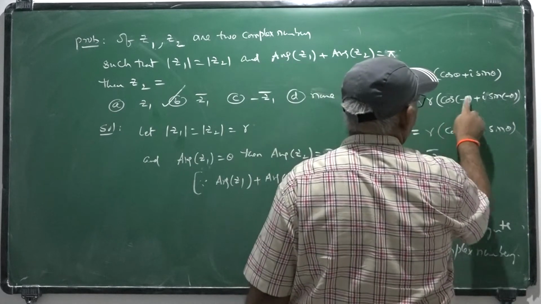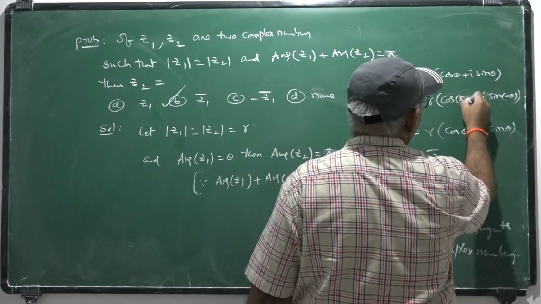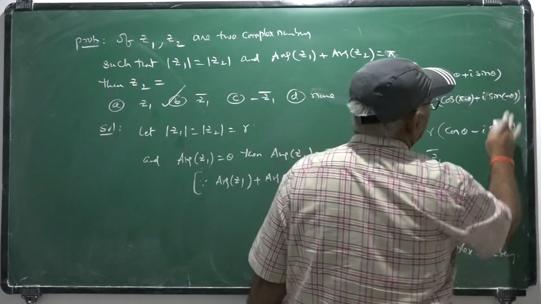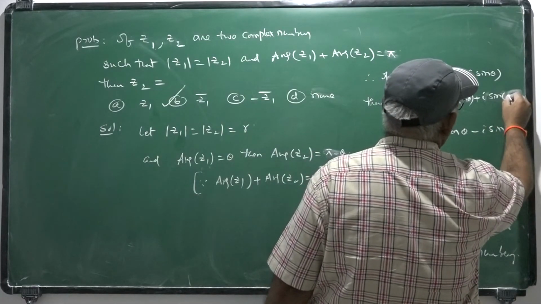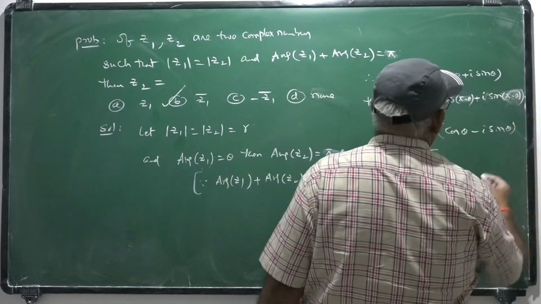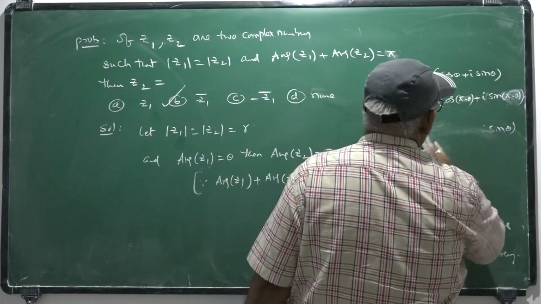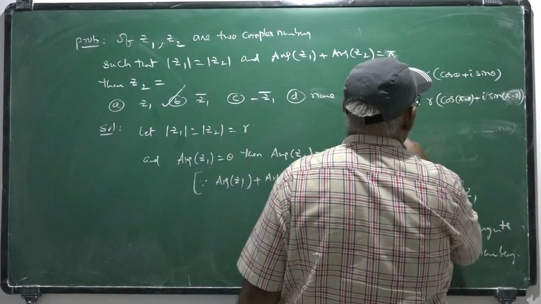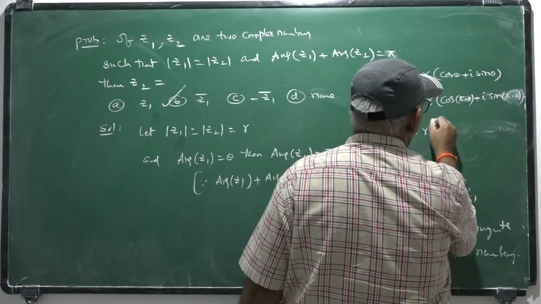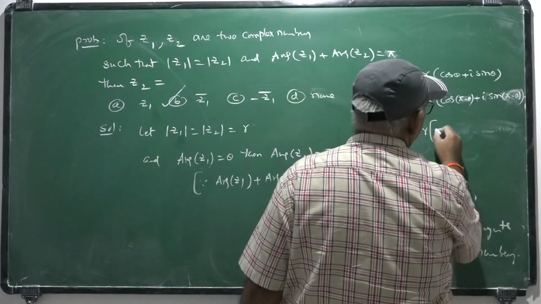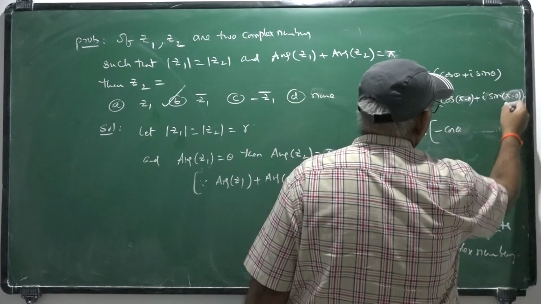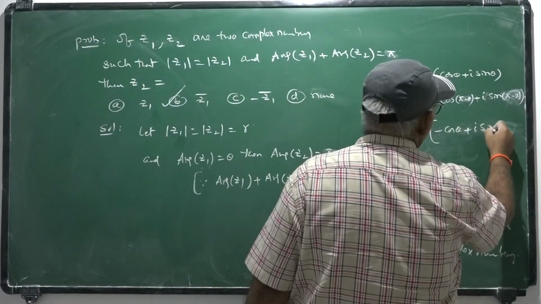Hence z2 may be written as r into cos of pi minus theta, which is minus cos theta, plus i sin of pi minus theta, which is sin theta.